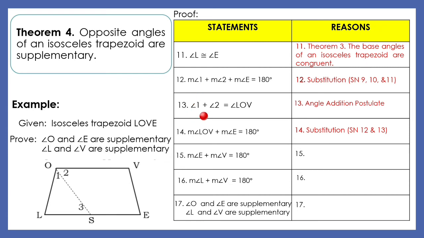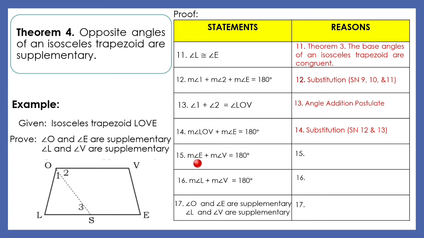Isa-substitute natin dito sa angle 1 at angle 2 itong angle LOV. So, meron na tayong ang angle 1 at angle 2, sum nila ay equal sa angle LOV. So, we have measure of angle LOV plus measure of angle E equals 180 degrees.